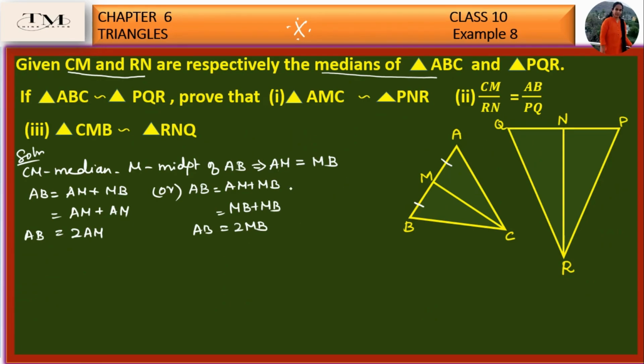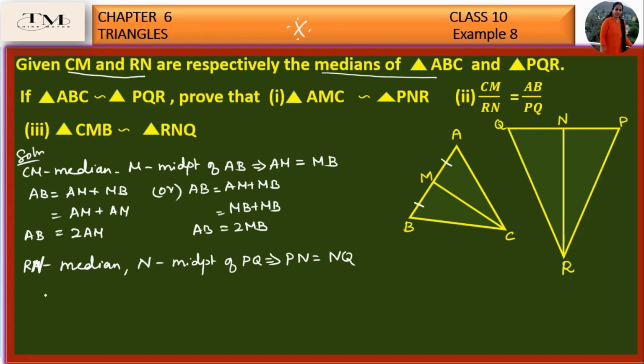In the same way, we have RN. RN is the median, so N will be the midpoint of PQ. If N is the midpoint, then N divides PQ into two equal halves. So the length of PN will be equal to the length of NQ.